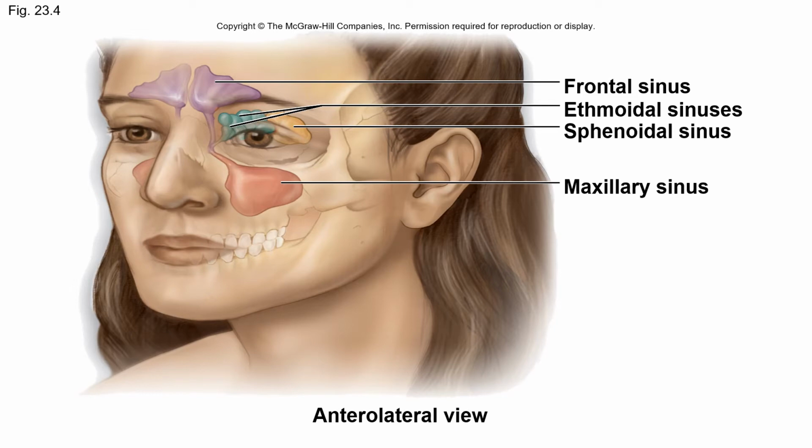These sinuses are surrounded, as with all such things open to the outside world, with a mucous membrane, and that mucous membrane produces a small amount of mucus. Well, that mucus would build up and just fill up our bones if it didn't have somewhere to go. So there are drain holes here that drain each of these sinuses into our nasal cavity so that any excess mucus can drain there and go away.